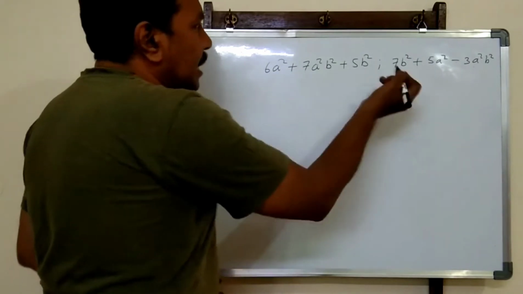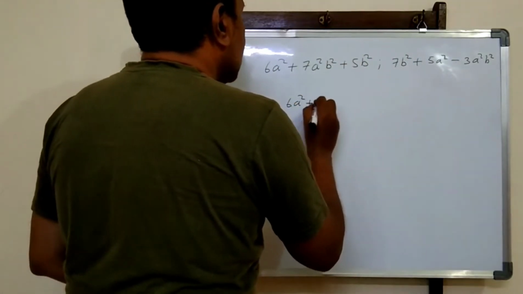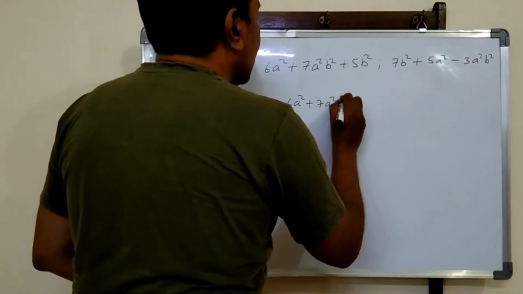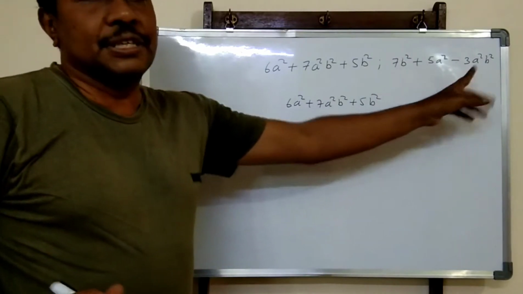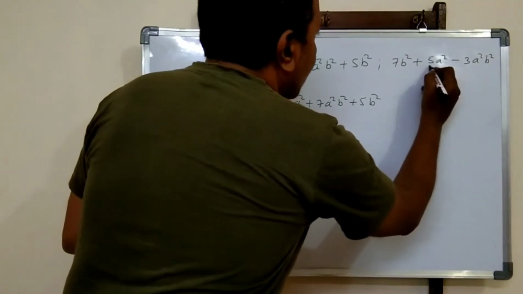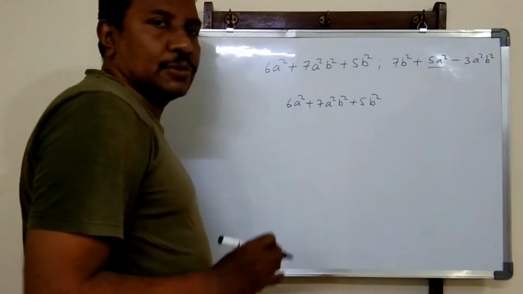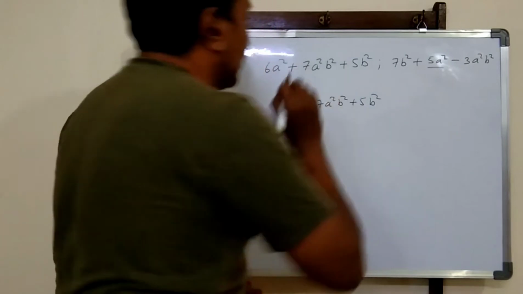First of all, you can take any expression. I am taking the first expression, 6a square plus 7a square b square plus 5b square. Under it you have to arrange this. How do you have to arrange this? 6a square and 5a square are both like terms, so plus 5a square comes under 6a square.